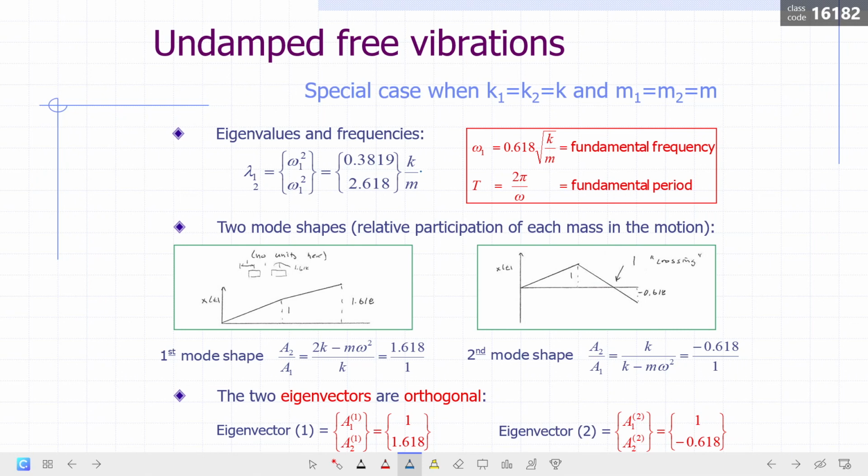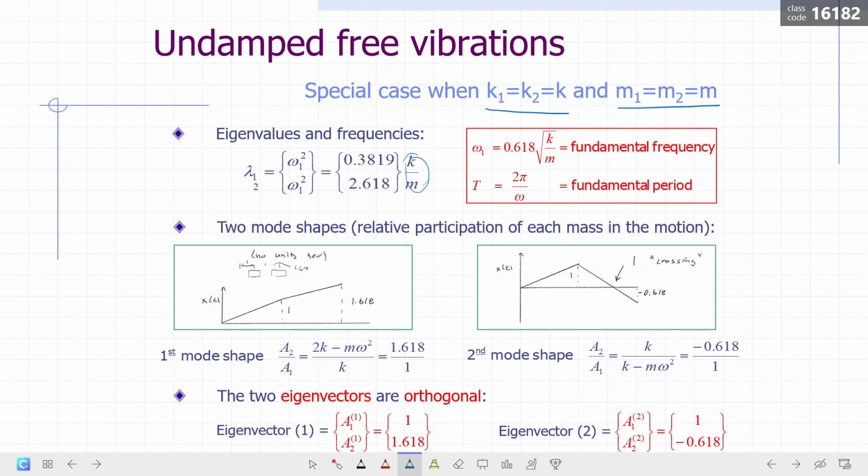In the special case, when we choose k1, k2 equal to k, and m1 and m2 equal to m, same spring, same mass, then the eigenvalue can be reduced to some coefficient times this ratio for lambda 1, and some constant times this ratio for lambda 2, right?